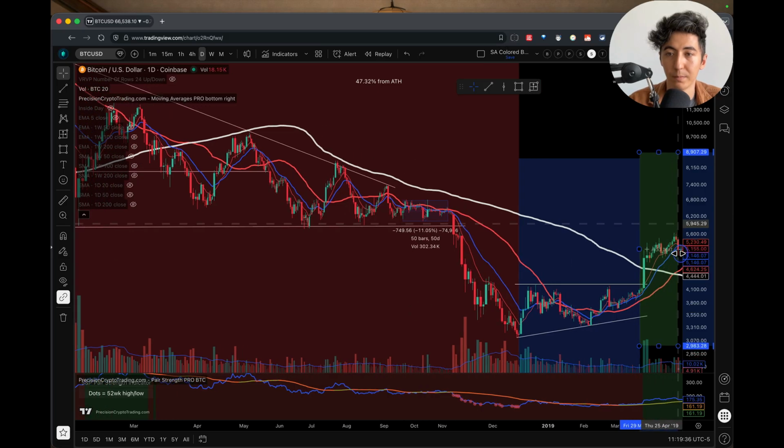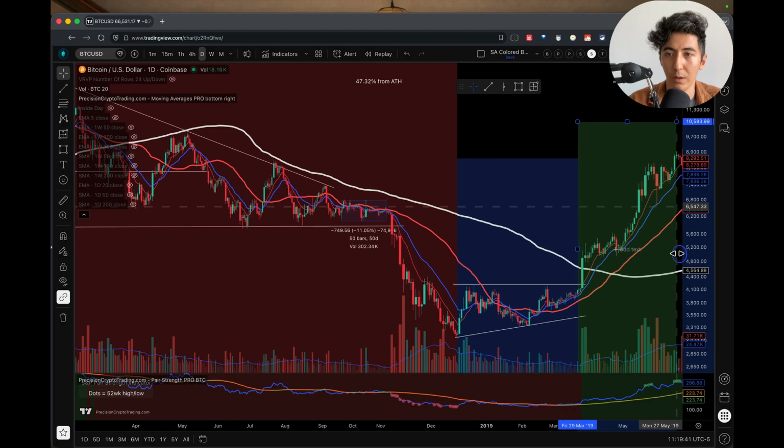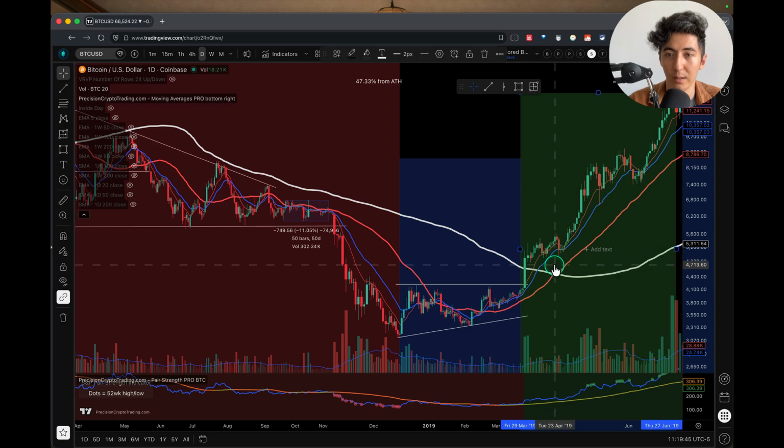And we can see that price starts to follow this uptrend. And it starts respecting the 20, the 50, and it's well above the 200.